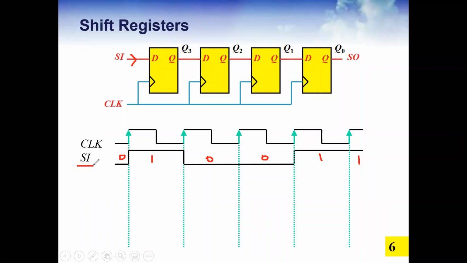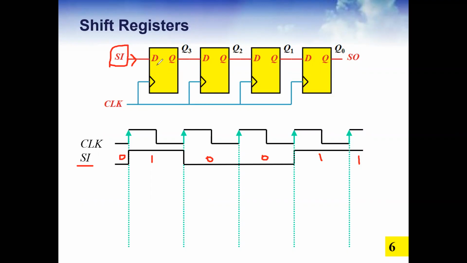Can you tell me which flip-flop we are giving this serial input to? To all, or to a particular one only? Where is SI? Are you connecting to all? We are giving the input to this first flip-flop.